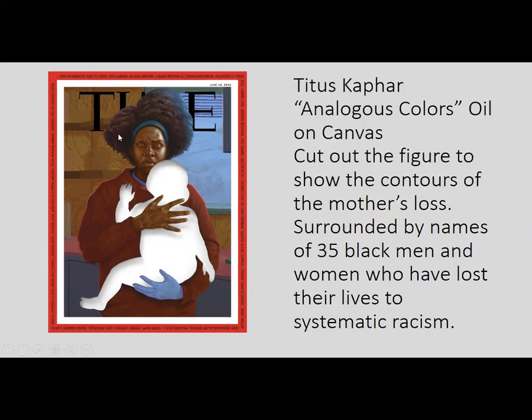Titus Kaphar says it represents all the Black mothers who are unseen and rendered helpless in their fury at the loss of their child. And around this are the names of just a handful of the many, many people who have lost their lives because of systematic violence. It has the names of 35 men and women, including Trayvon Martin and Sandra Bland.